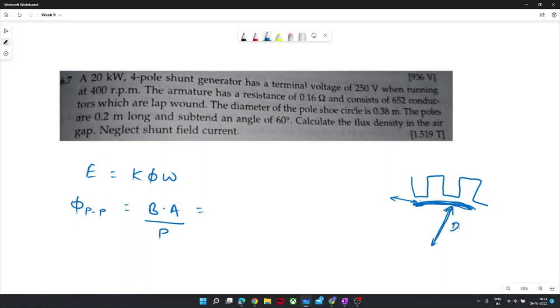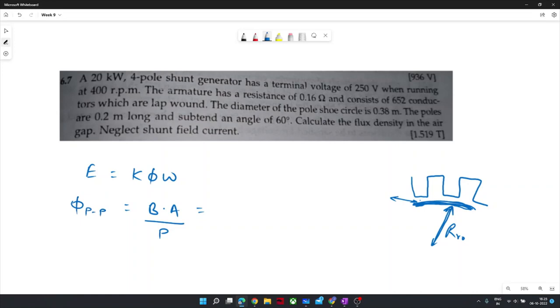This is considered as our D, and that D is known as the stator bore diameter or radius. You can say air gap radius. So that area you can easily write as pole arc into stack length.